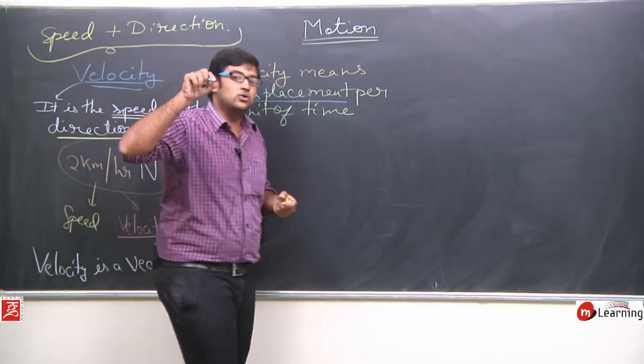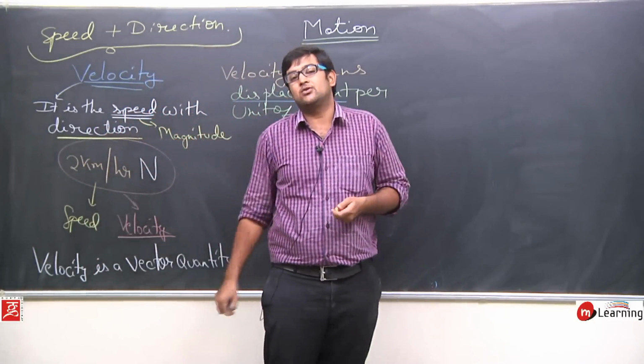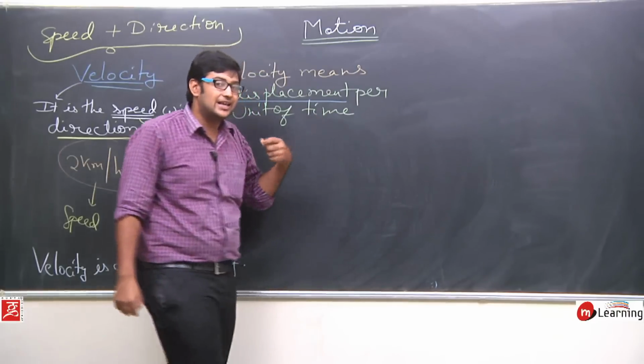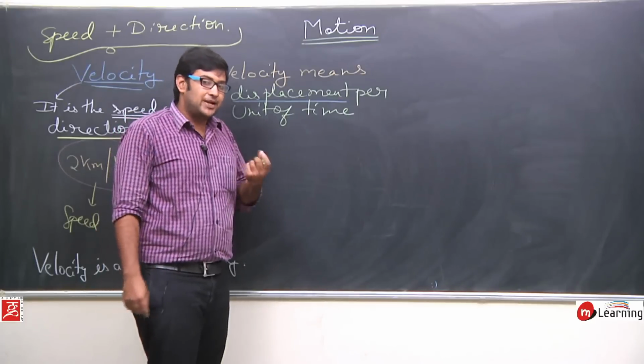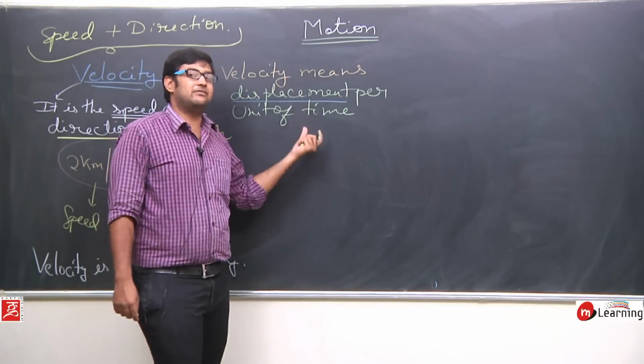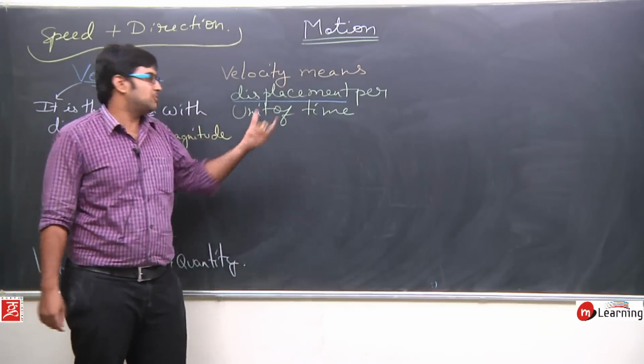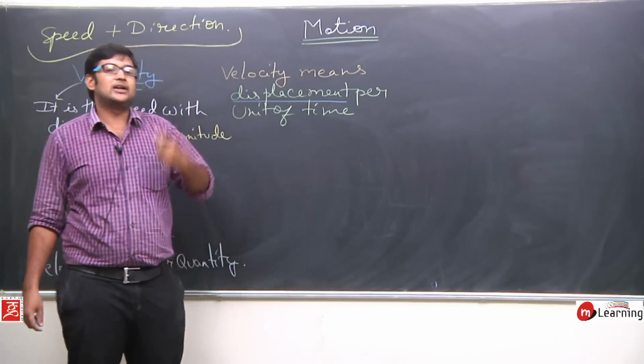Why? I told you displacement is a vector quantity while distance is a scalar quantity. So speed is also a scalar quantity. In speed we have distance, in velocity we have displacement, because displacement is a vector quantity.